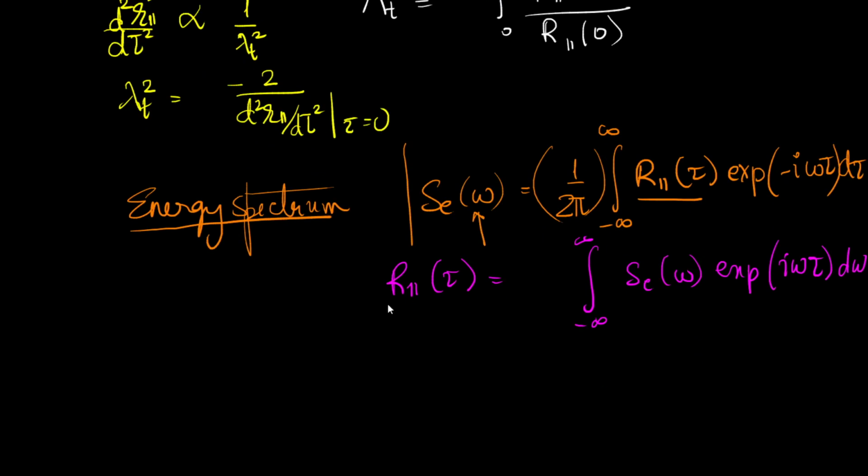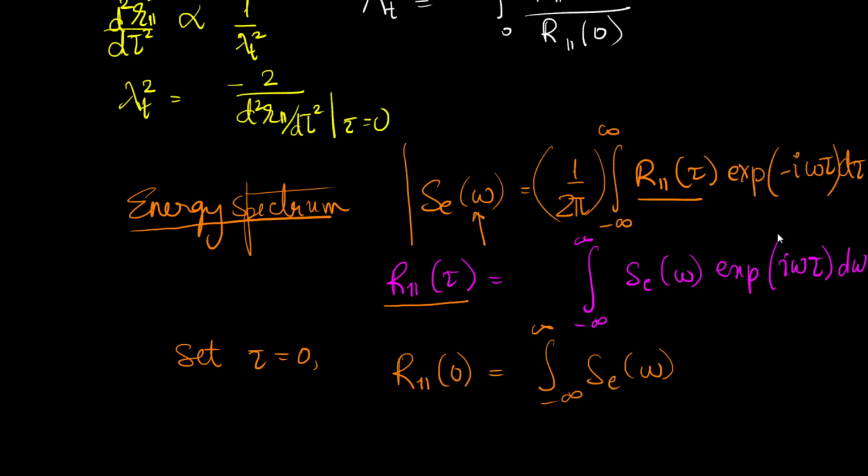So according to this definition, if we set tau equal to 0, this becomes R11 of 0, and this is integral minus infinity to infinity Se omega, and this entire term becomes 1, d omega.